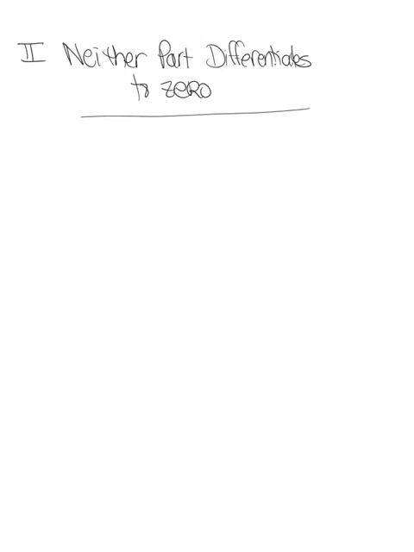When you have this type of situation where neither part in your integral, which requires an integration by parts, can be differentiated to 0, and you don't have a natural log of x, what you're going to do here is perform integration by parts twice.